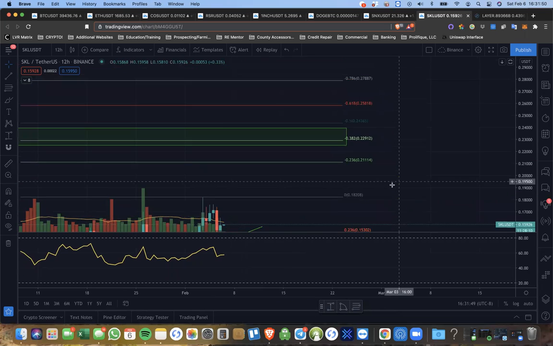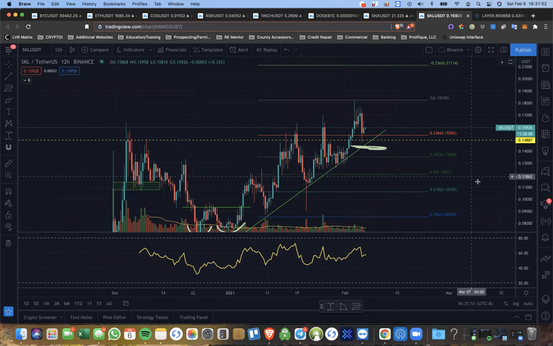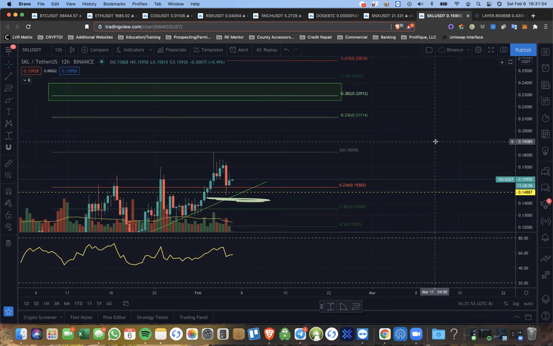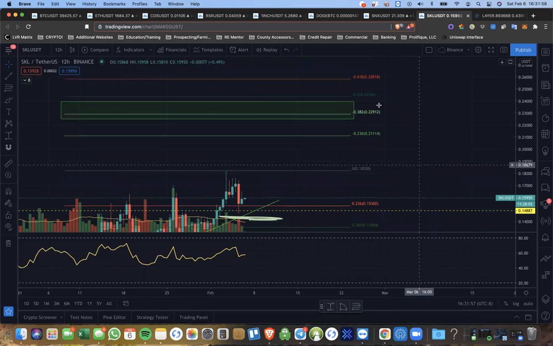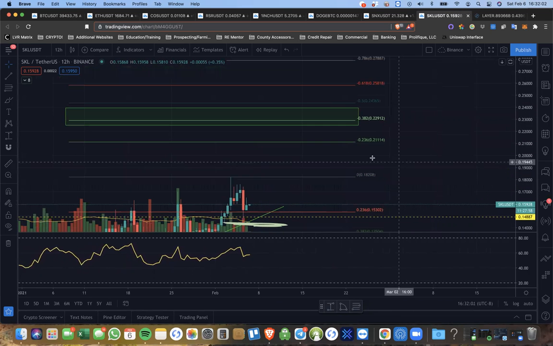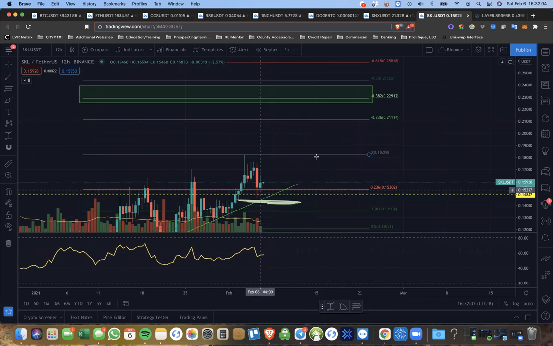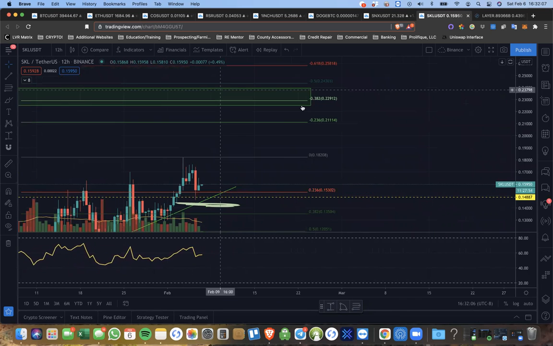After the bounce here, what would be the next move? Well, you would have to guess what the next pattern would be. What if it's another ascending triangle, right? What if it starts right here, and let's use the 382 as the neckline.